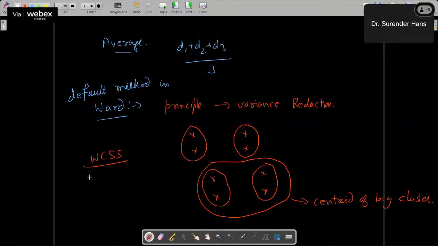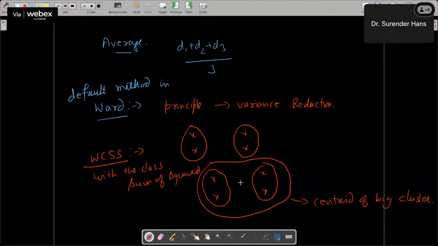So this WCSS is within the class sum of square. That is one parameter that is within the class sum of square.